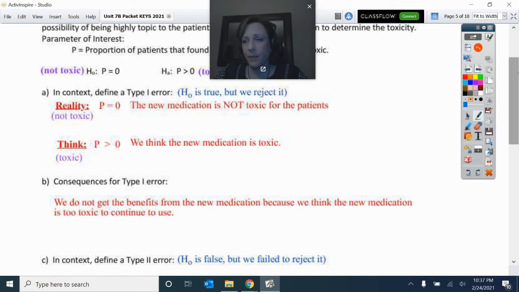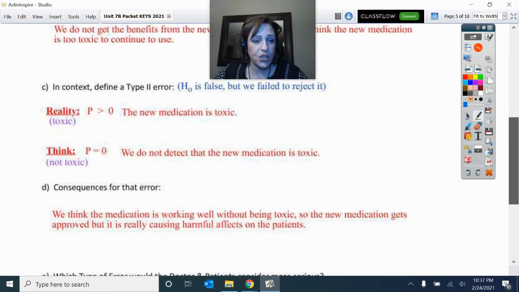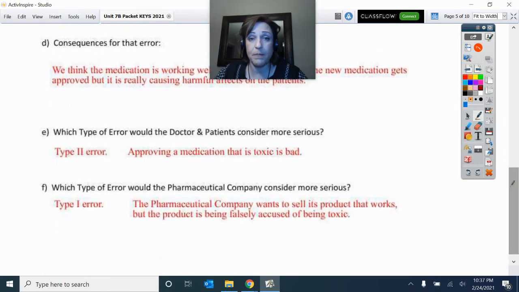And so that would be bad in that you're missing an opportunity to use that medicine that really does help and isn't toxic. But I think even worse, though, than a missed opportunity would be this situation where if we approved that medication and then it causes bigger problems, it has a toxic effect, causes liver failure or whatever, and we're just trying to fix an infection.